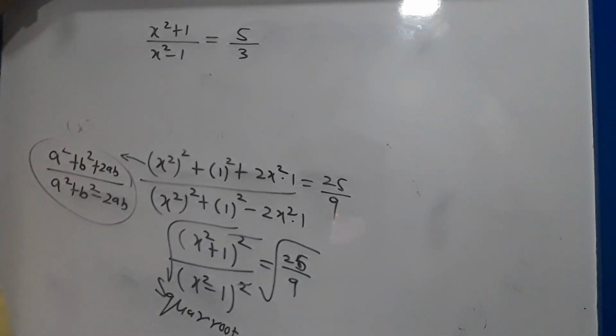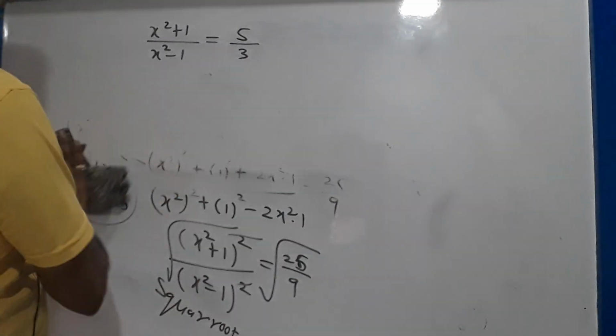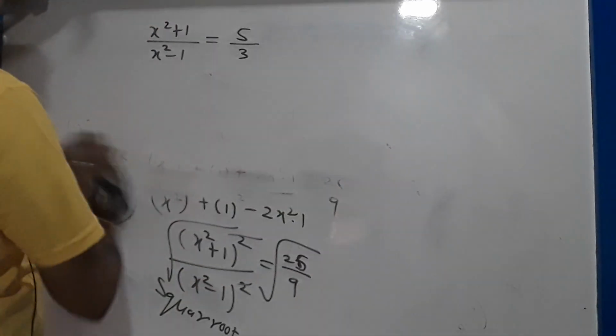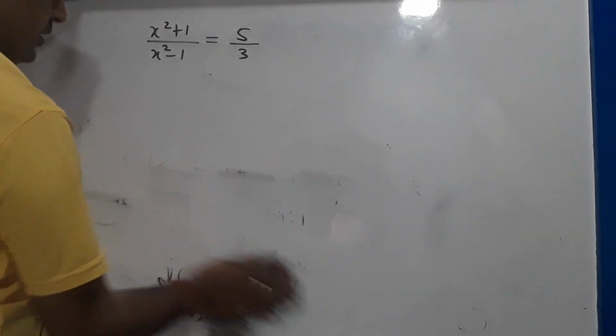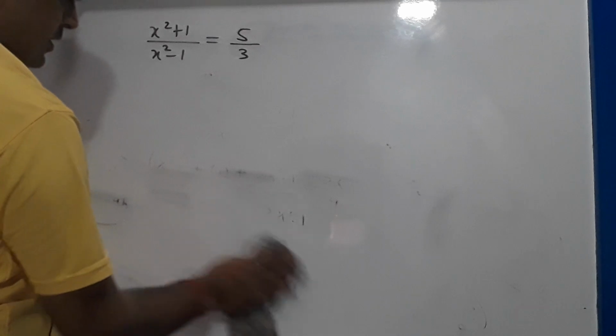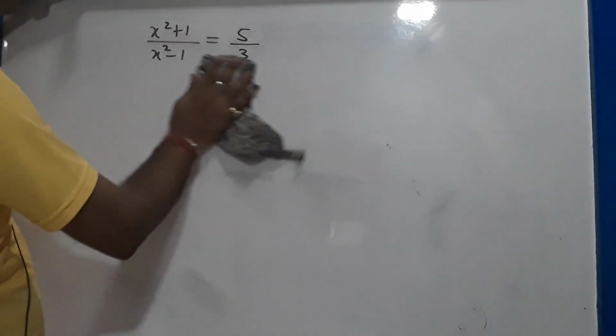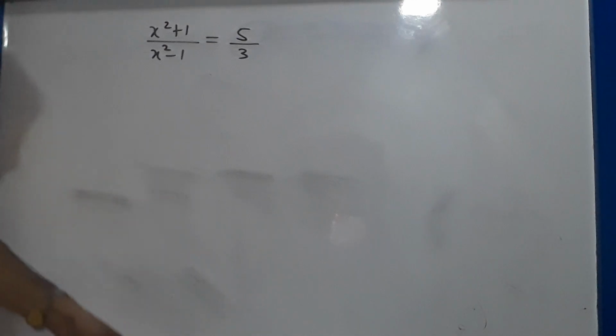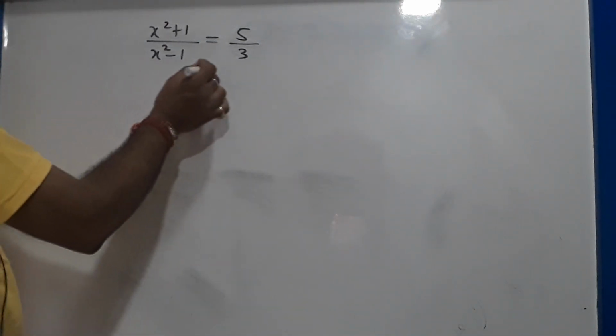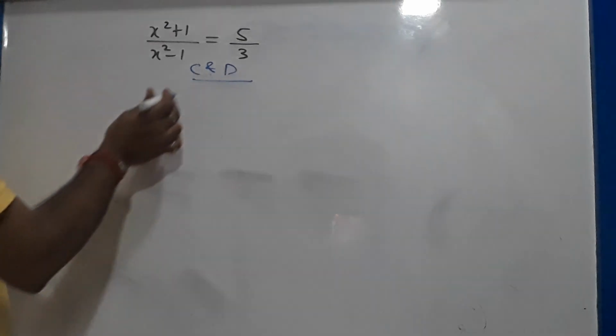Follow? So now again you have come across numerator plus denominator upon numerator minus denominator form. Whenever you come across numerator plus denominator upon numerator minus denominator, apply the C and D rule, componendo dividendo rule.